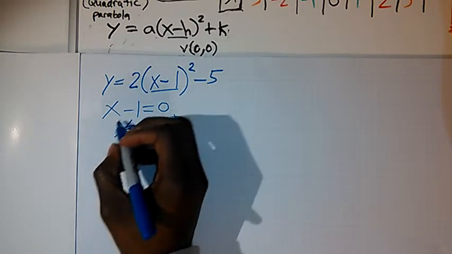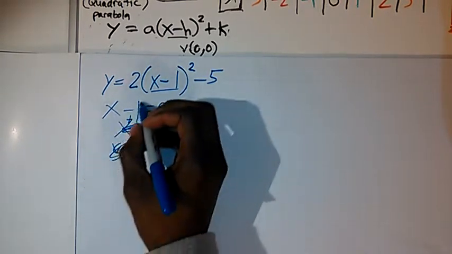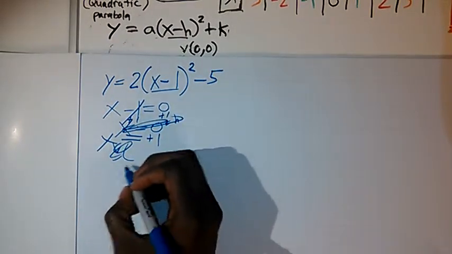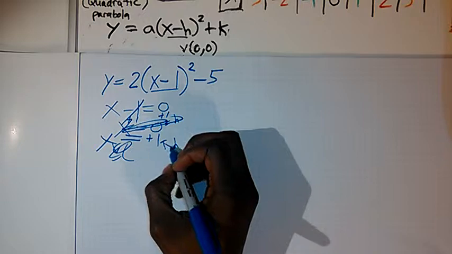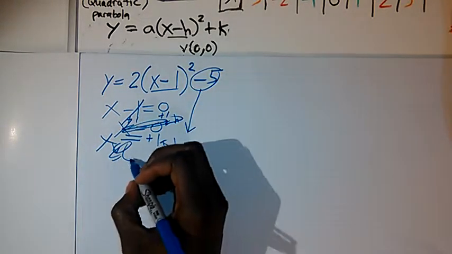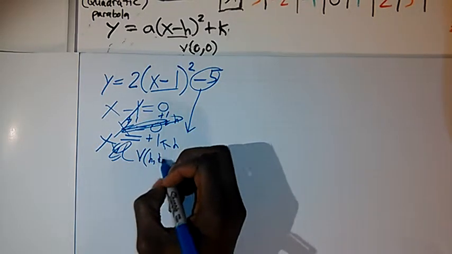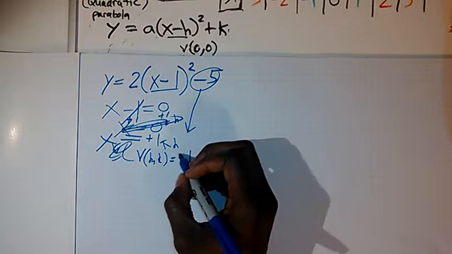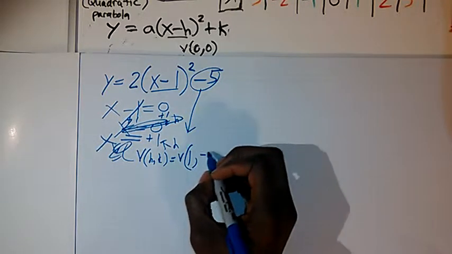Solve for x. Cross that x out. x will be equal to positive 1. That's going to be our h. Our k is going to be negative 5. So our vertex h, k is equal to positive 1 and negative 5.